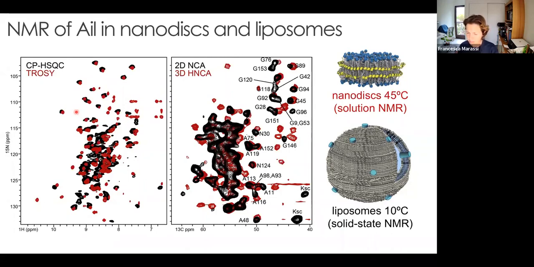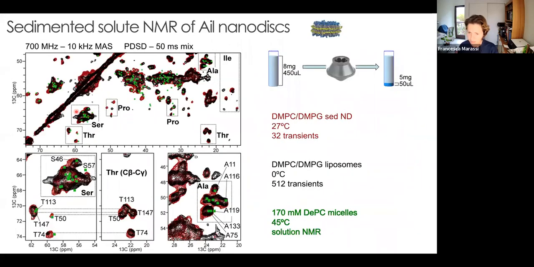Amongst the experiments that we did was to take the nanodisc samples that we prepare for solution NMR. These are the very small nanodiscs developed by Gerhard Wagner with a small version of the membrane scaffold protein, of the ApoE protein that forms this double belt around the nanodisc.